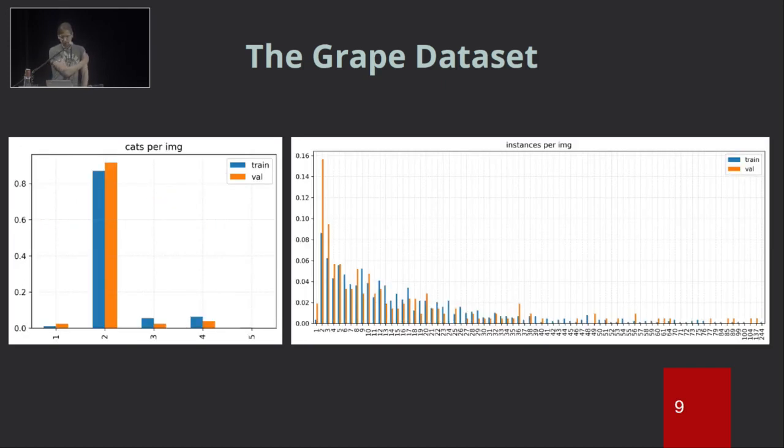So in these plots, we have the number of categories per image, but we also show the number of instances. Typically, the use case is people that make a photo of the leaf or the grape, and you usually have 1 or 2 categories per image, but the number of annotations in a single image can reach more than 100 annotations.